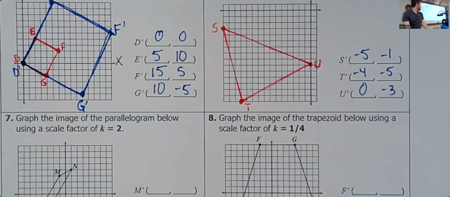So our values for S prime, T prime, and U prime, there they are. -5, -1 for S prime, -4, -5 for T prime, 0, -3 for U prime.